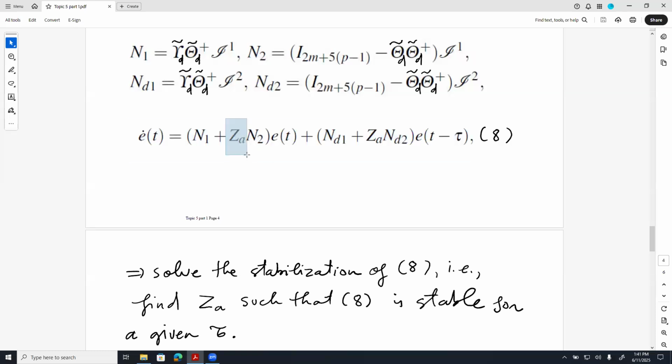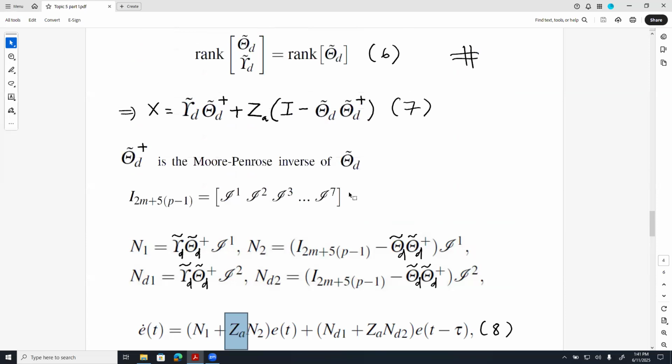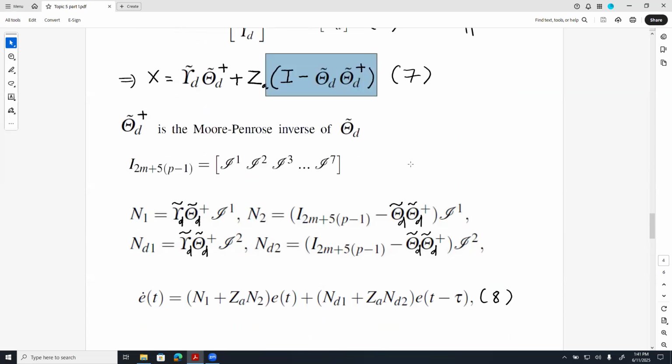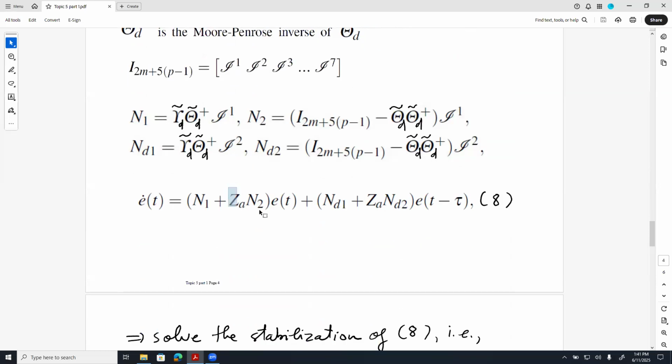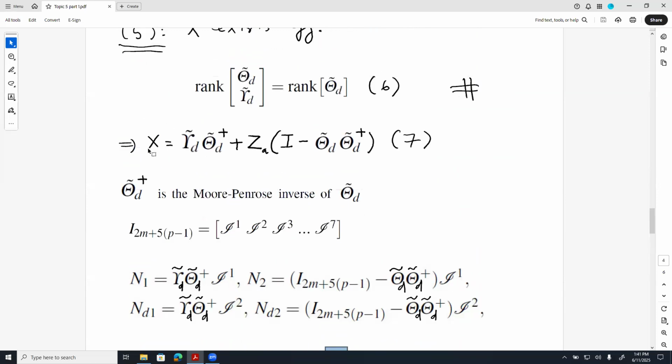Now, in the case where this matrix in here is 0, then we don't do the stabilization anymore because that is basically useless in there. Even this freedom is multiplied by a zero matrix. We just simply have n1 only and nd1 only. That means that the solution X basically only contains that first term.